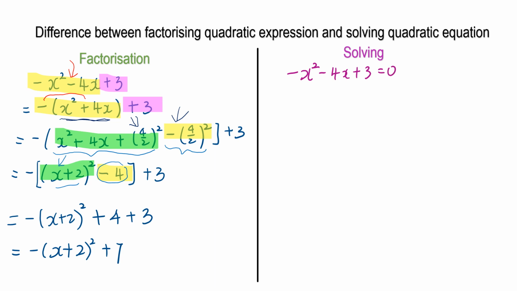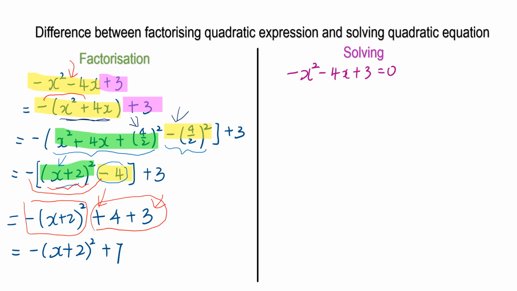Right, and this step here is important. So you multiply the negative with this square bracket, you end up with this. But if you multiply a negative with this negative, you get a positive. And this one, you have to simplify it again to get positive 7. So this is called factorizing an expression.